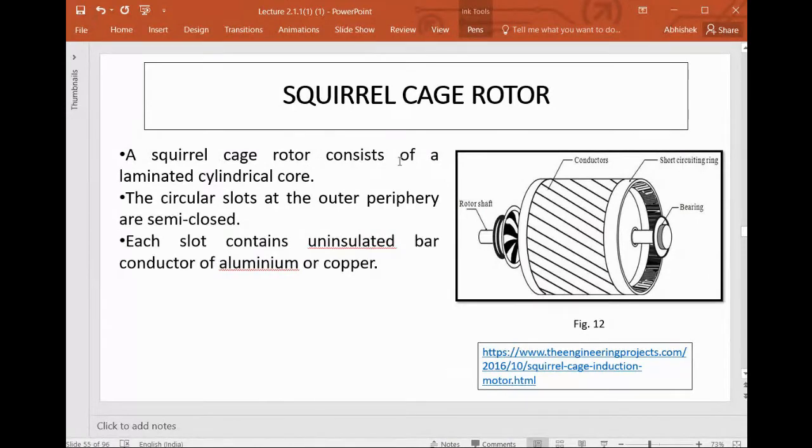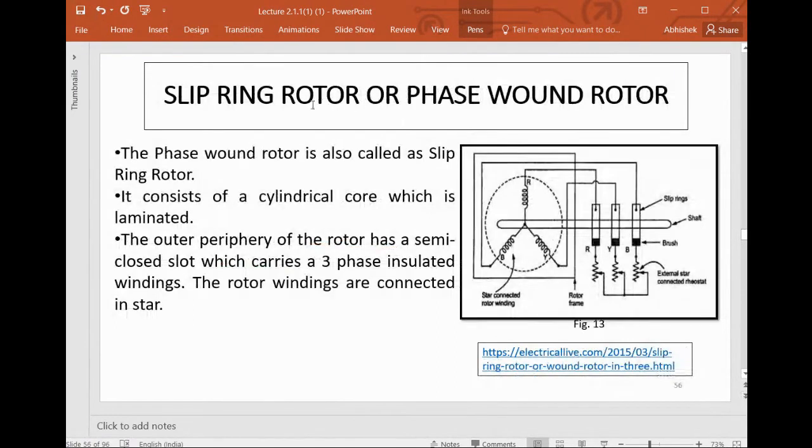A squirrel cage rotor consists of a laminated cylindrical core with circular slots on the outer periphery, semi-closed, and each slot contains uninsulated bar conductors of aluminium or copper. So this is a squirrel cage.